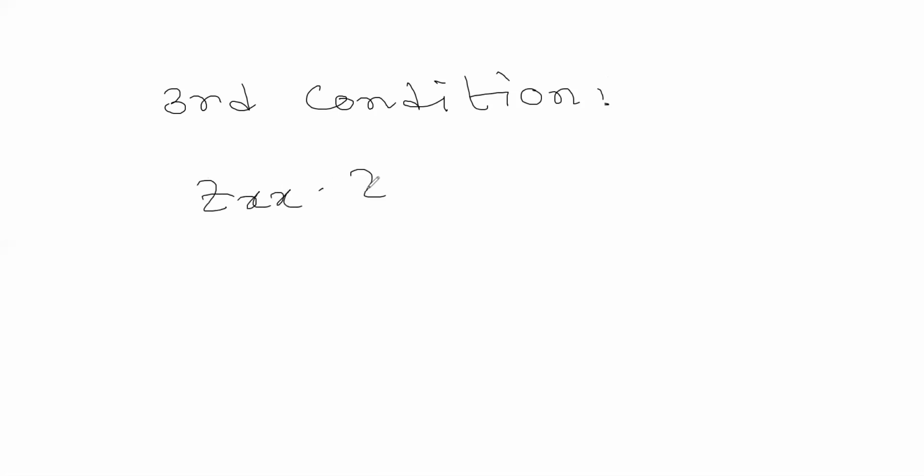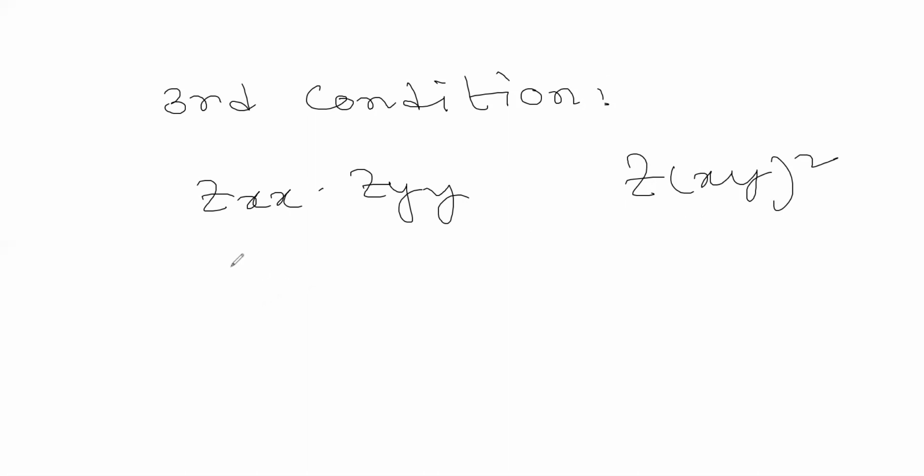Okay, so now the third condition. The third condition says that z of xx into z of yy, I'm not giving the sign yet, it has to be greater than z of xy square, but let's see what we get.